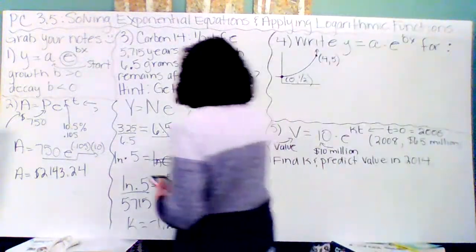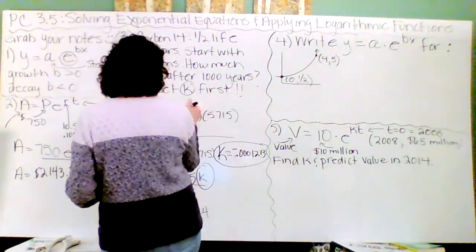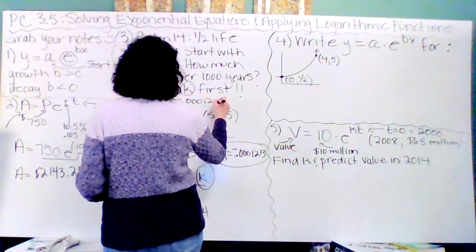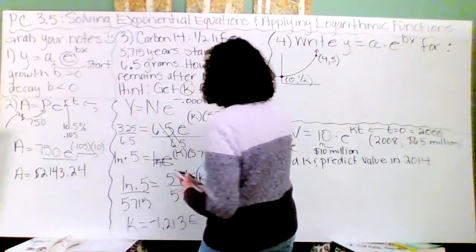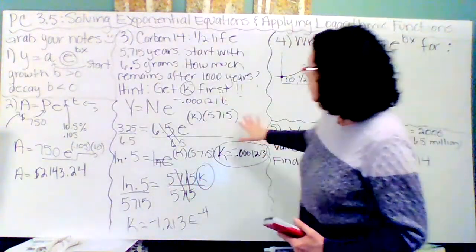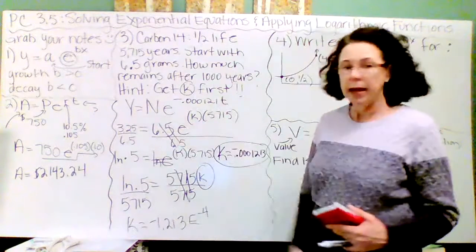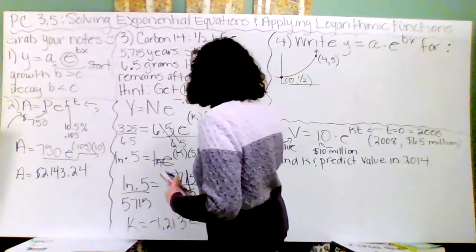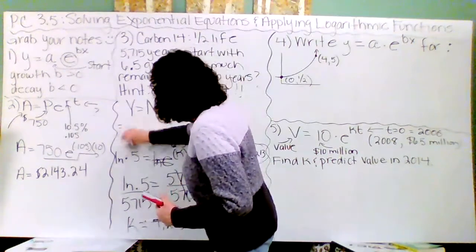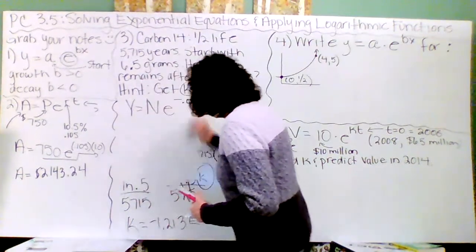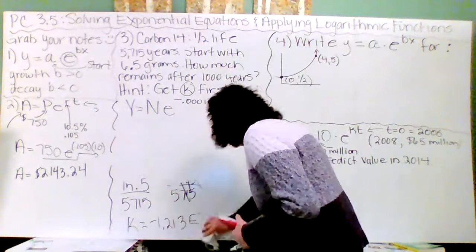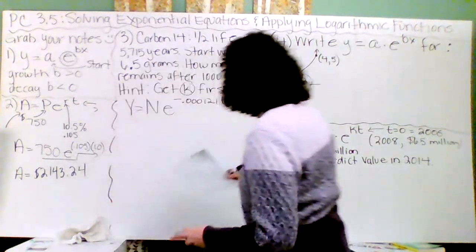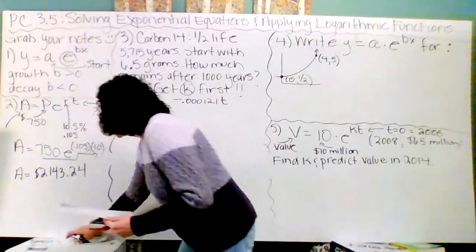Okay, so here's what I'm going to do. I'm going to put the K in right here. And put the time. Okay, so I'm going to erase this. I now have the K for this particular element. Okay, so here's what I have. They actually asked me for this, never telling me I needed K, and we started out with 6.5.